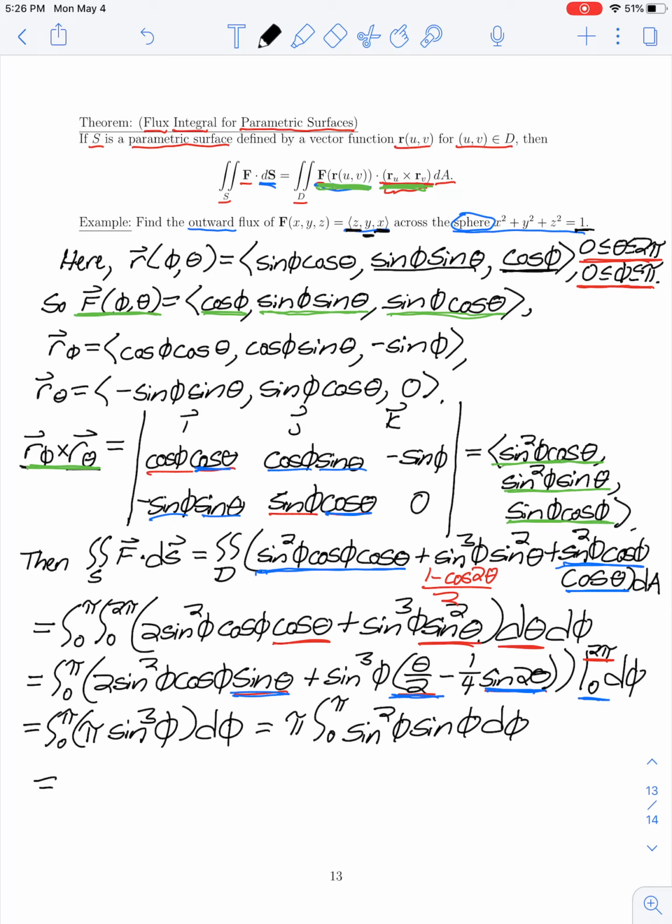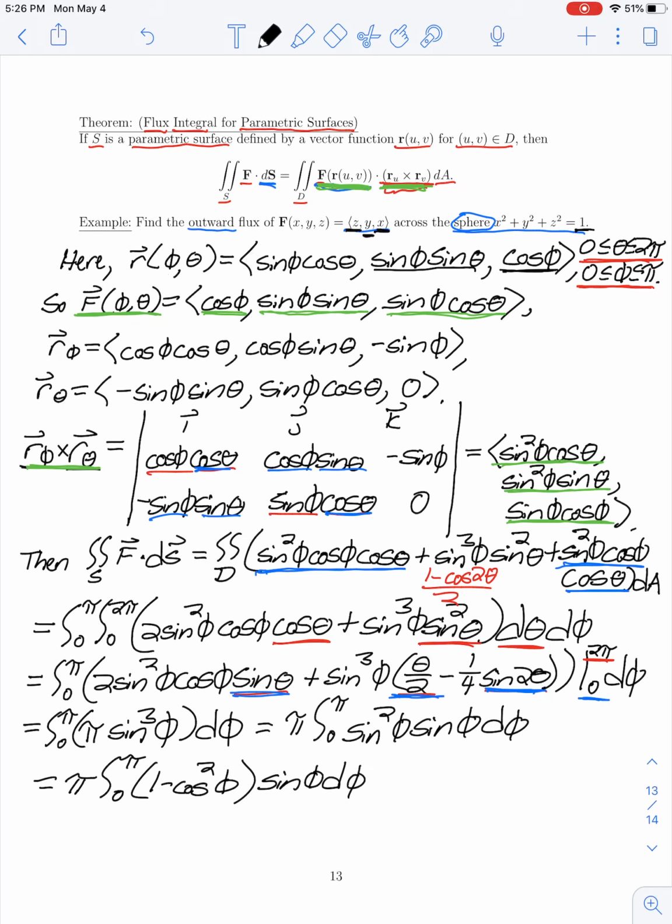And then I'm going to use the fact that sine squared is the same as 1 minus cosine squared. So my sine squared of phi I will rewrite as 1 minus cosine squared of phi, and then I've got this sine phi d phi on the end.